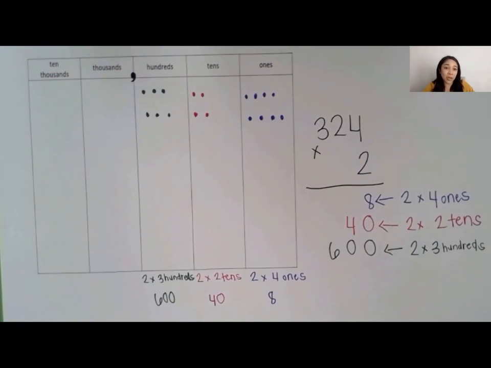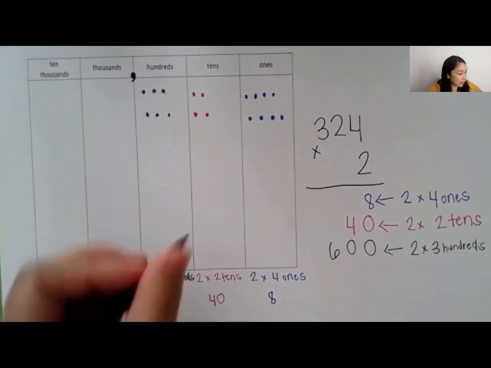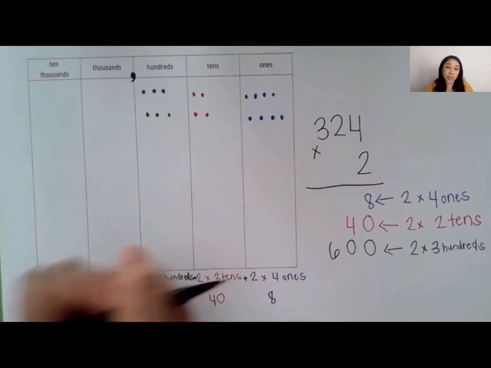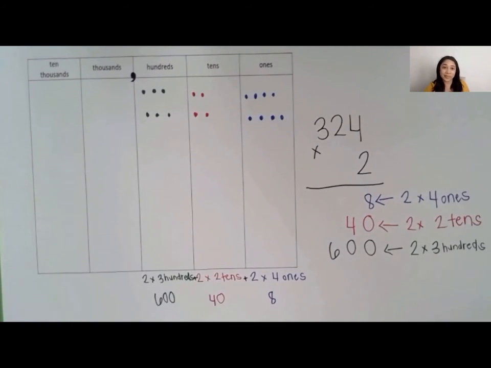Beneath our place value chart, we wrote an expression that shows the total value expressed in the chart. Here we see 2 times 3 hundreds plus 2 times 2 tens plus 2 times 4 ones.